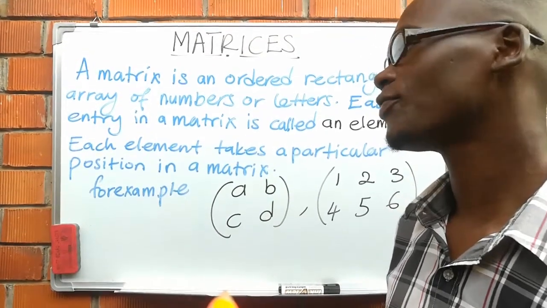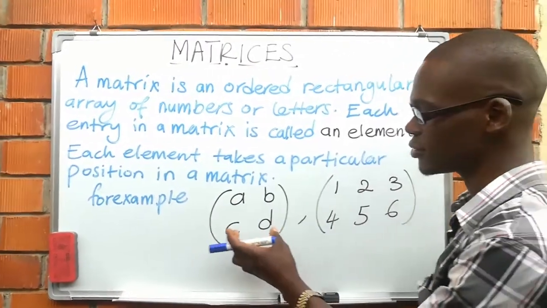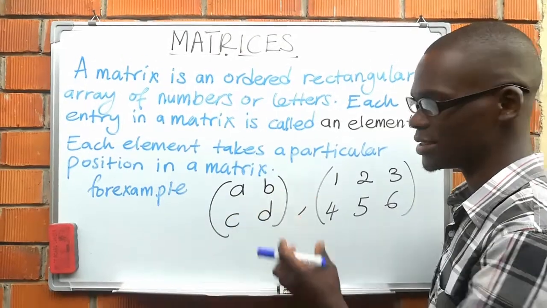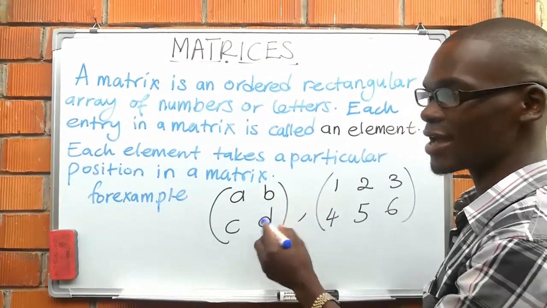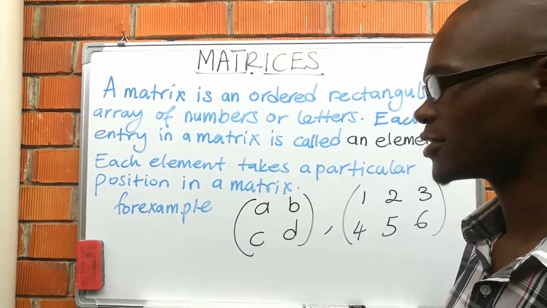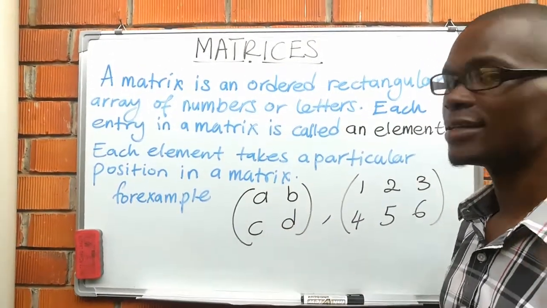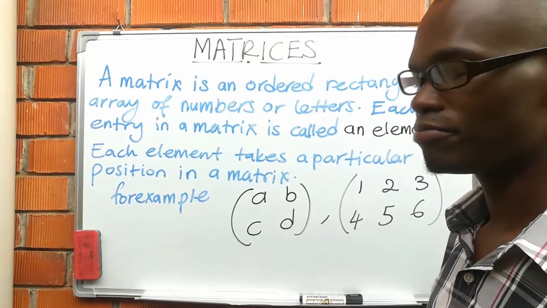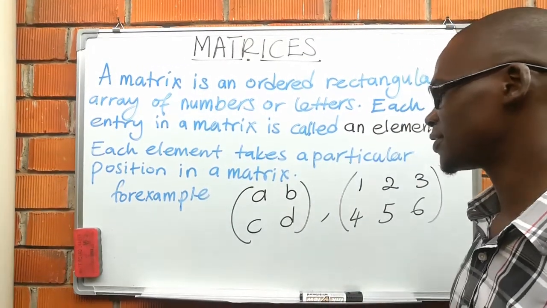For instance, when we have a matrix of A, B, C, D, these letters are what we call elements of the matrix, and each letter takes a particular position in the matrix.